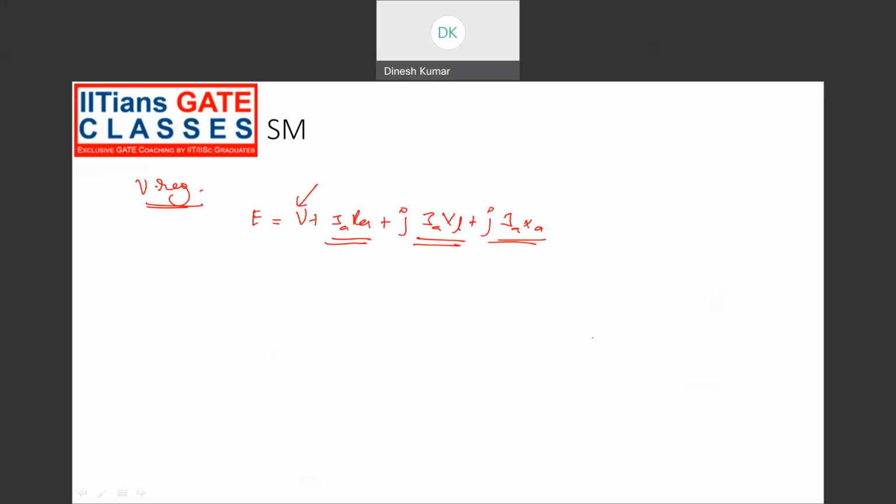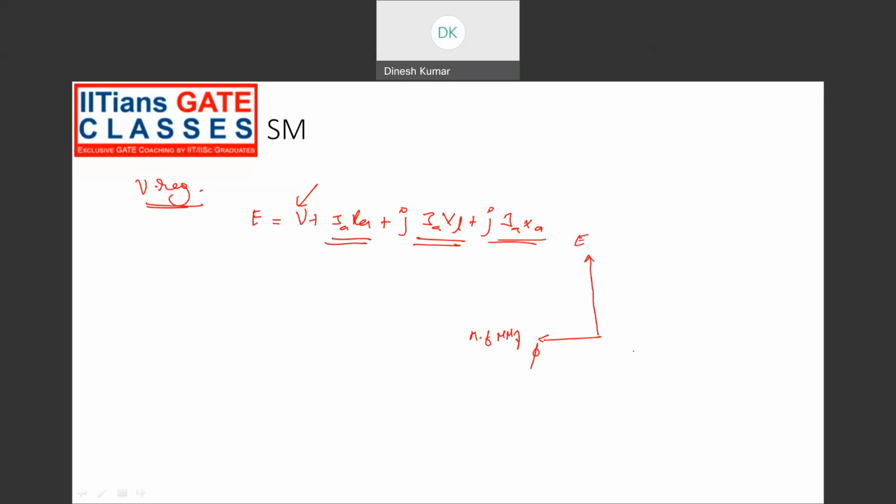So if you look at the phasor diagram, it will look something like this. Let's say this is our main field MMF phi. We know that the induced EMF lags this by 90 degrees.